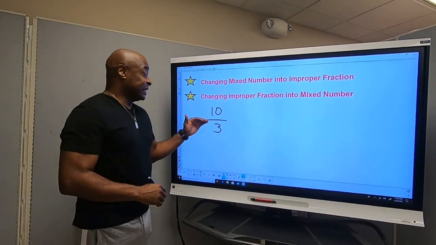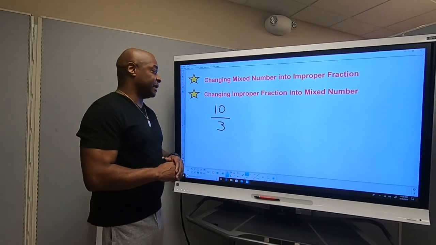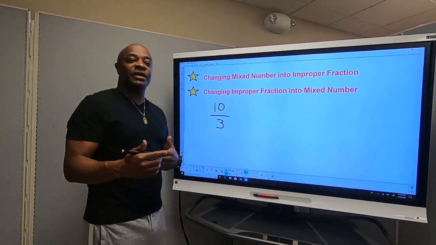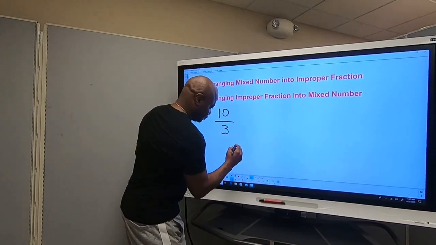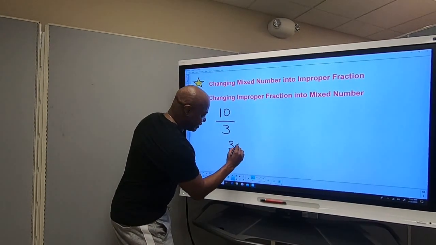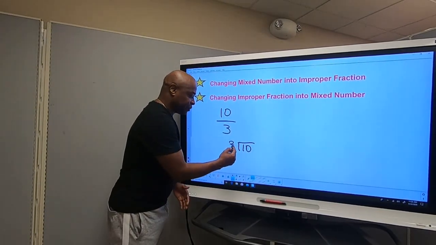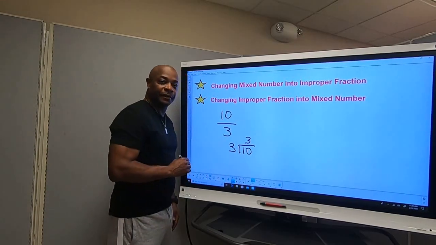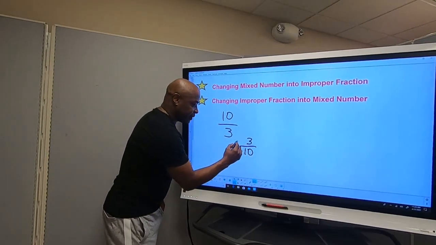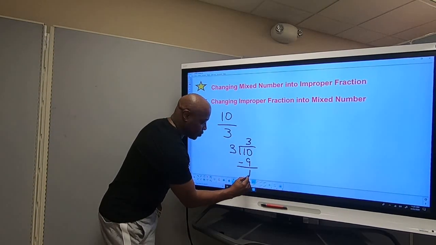Okay, now notice that our numerator is larger than our denominator. So now, the only thing we do is divide. We take our denominator and we divide it by our numerator. How many 3's are in 10? I know there will be what? 3. Okay, and I know now that 3 times 3 is what? 9. I subtract and I get 1.